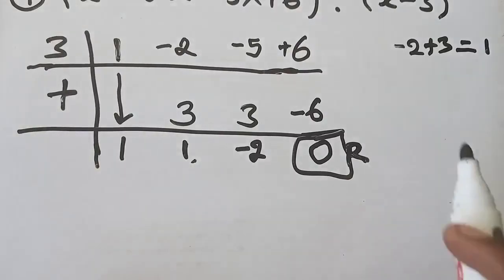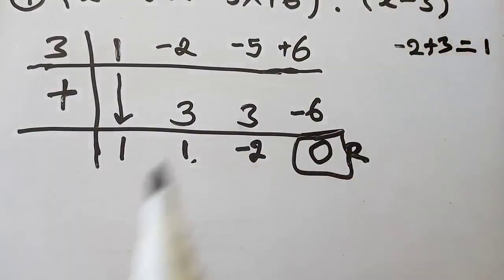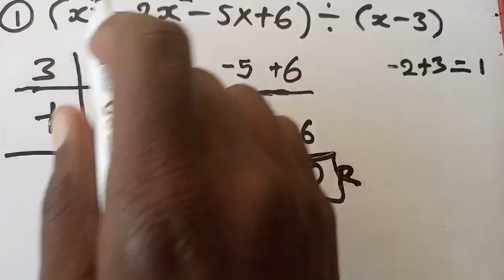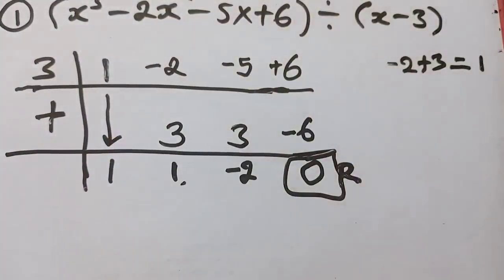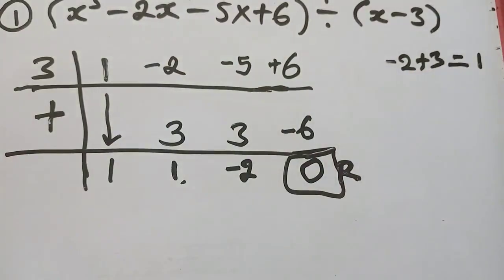So that means that this expression here is a factor of this polynomial. When a number is a factor of a certain expression, that means that it can go into it without leaving a remainder. It is leaving no remainder. The remainder is 0, like that.